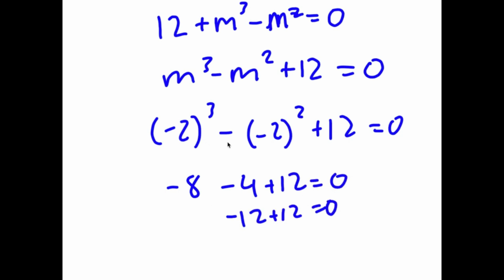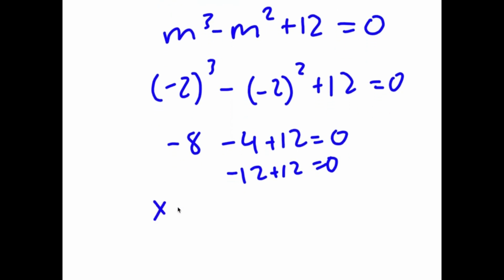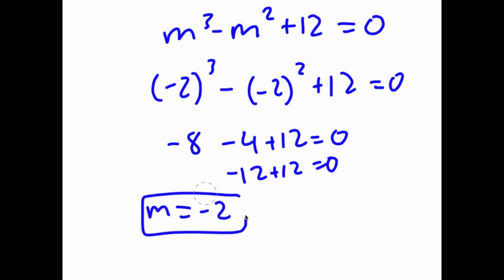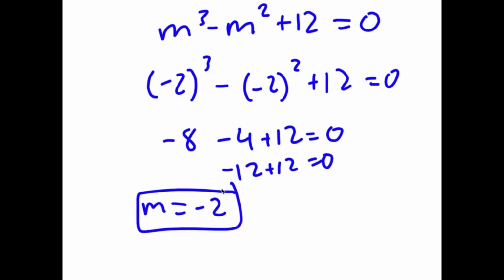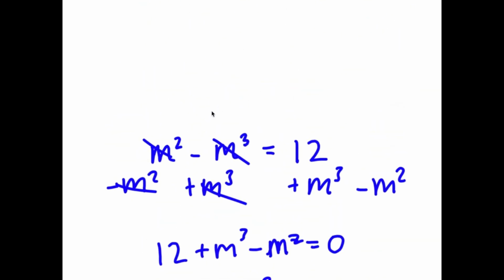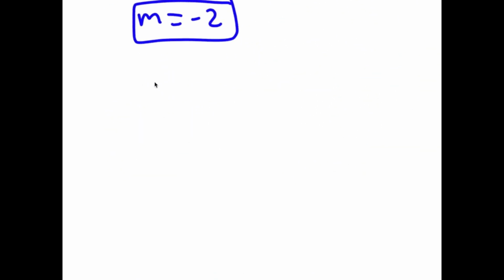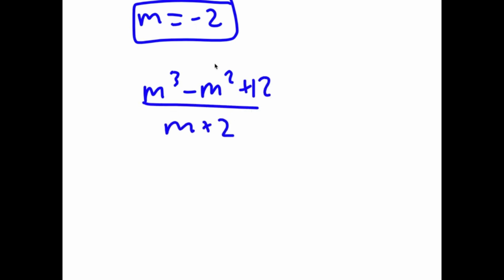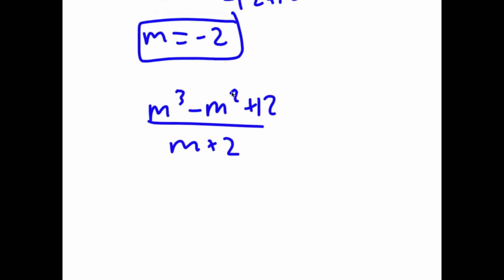So now that I know that negative 2 is a solution, I can use this to find the rest of the solutions by dividing my equation here, m to the power of 3 minus m squared plus 12, by m plus 2, because m plus 2 is the same thing as saying m equals negative 2 is a solution.